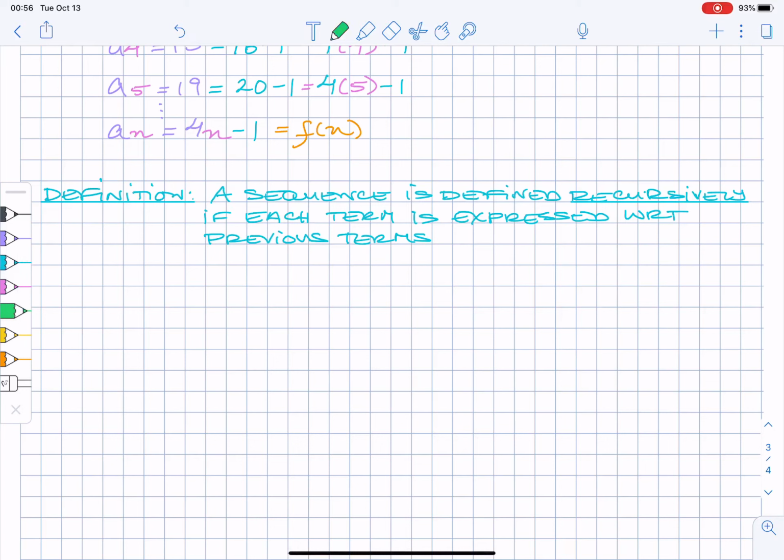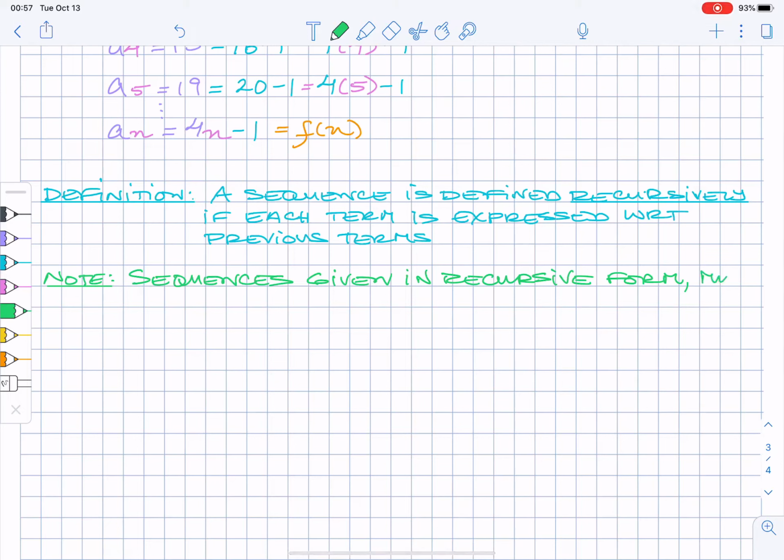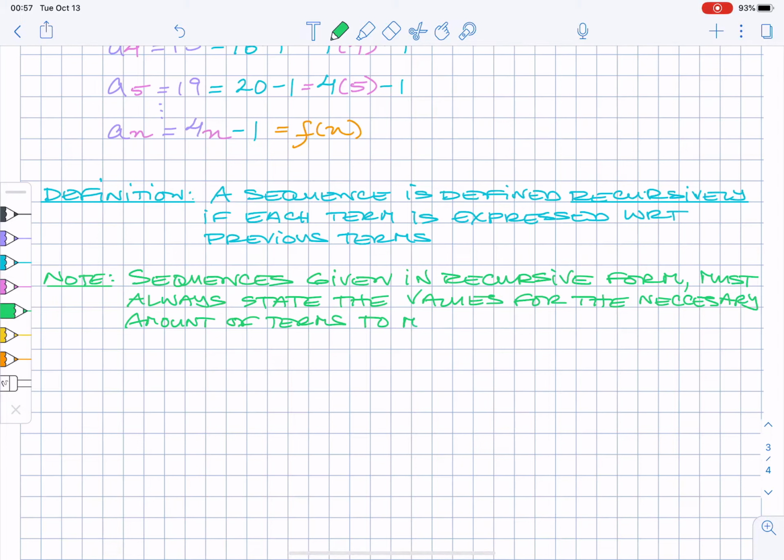So what does this mean? Well, first let's note that sequences given in recursive form must always state the values for the necessary amount of terms to move forward in the sequence.